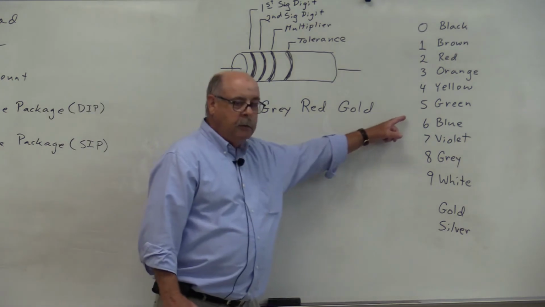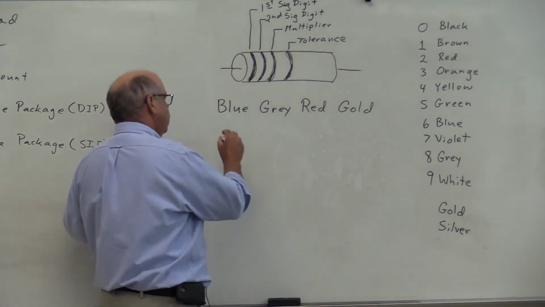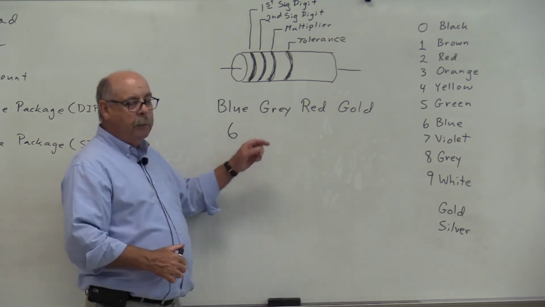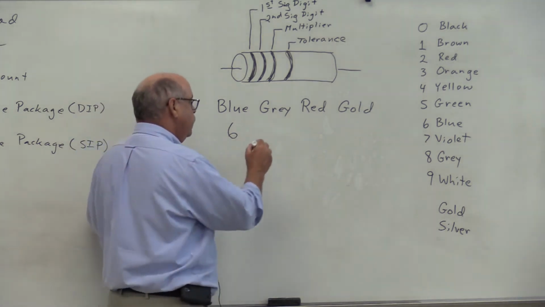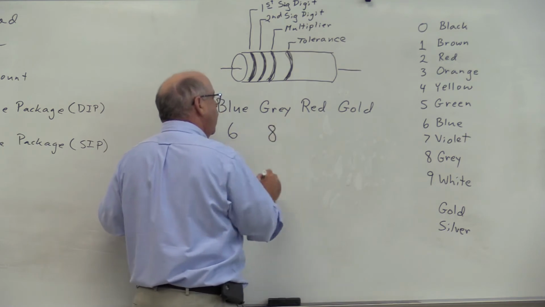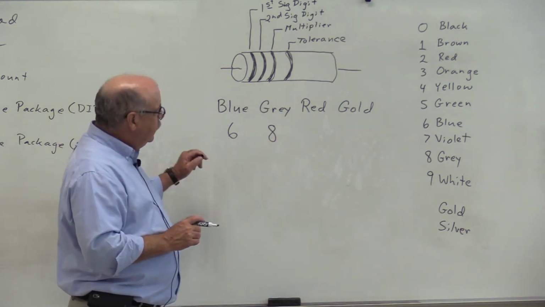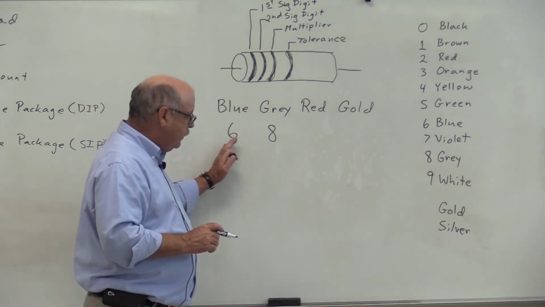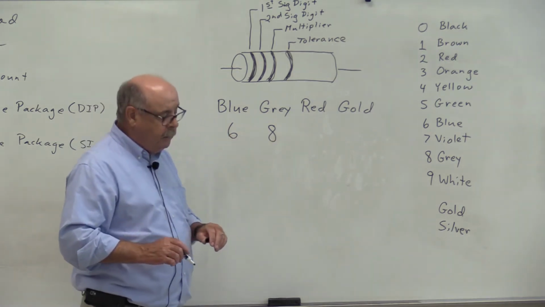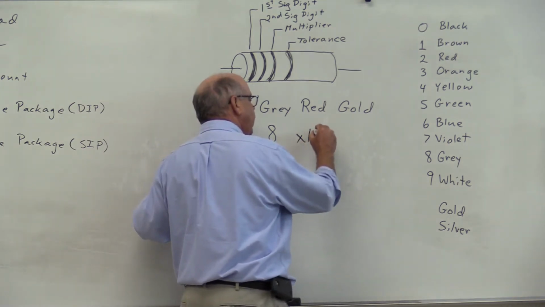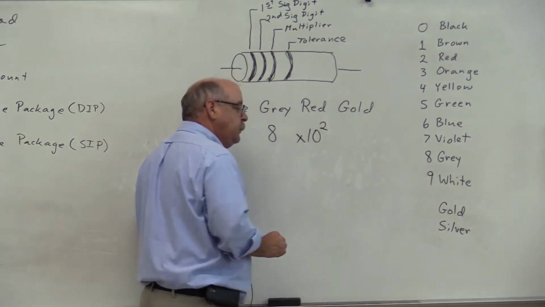Blue represents 6. Gray represents 8. And red represents 2. Now, this doesn't mean we take 68 and multiply times 2. What this means is we multiply it times 10 raised to the second power.